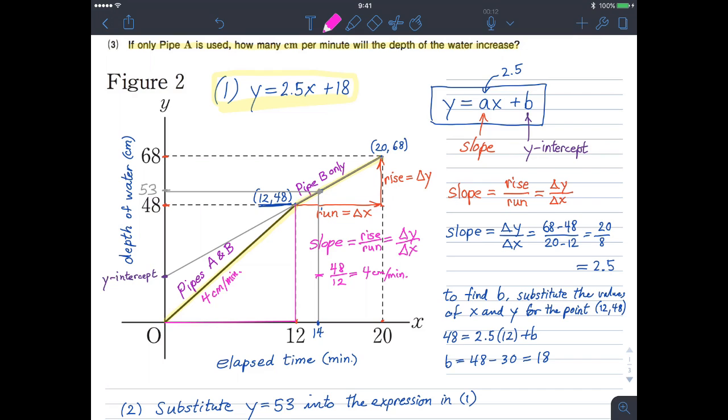And you might remember from part 1 that when B is used by itself, the rate of change was 2.5 centimeters per minute.